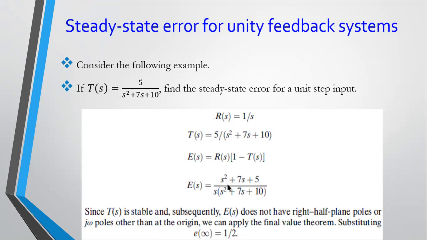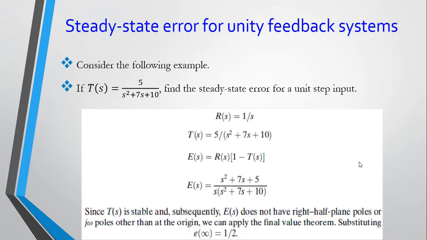Once you have found your E(s), we apply the final value theorem, which is the limit as s tends to 0 of s E(s). The s in front of E(s) is going to cancel with this one, and you replace s by 0 because s tends to 0. You see 0 is 5 over 10, so you get half.